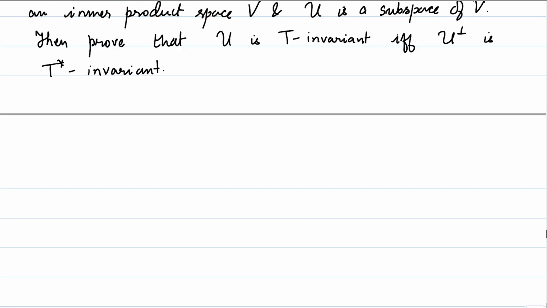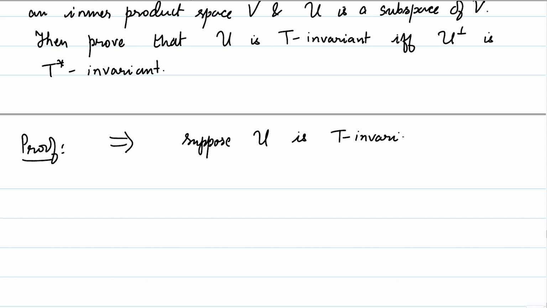Okay, so there are two directions to prove. So let me just prove the forward direction. So suppose U is T invariant. Let's prove that the orthogonal complement of U is T star invariant. So let's start with some vector. Let u prime be in the orthogonal complement of U, and let's see what is the situation of T star of u prime.